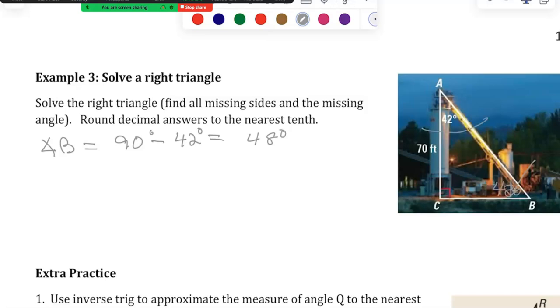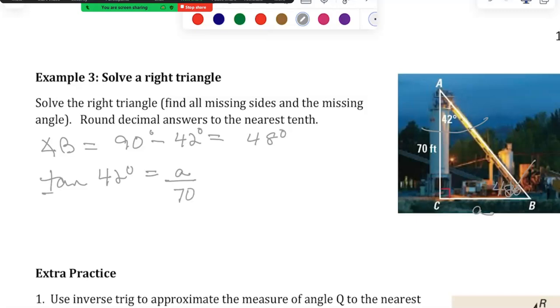I'm going to use this angle. From that angle's perspective, I'm going to say the tan of 42 equals opposite, which is little a, over adjacent, which is 70.